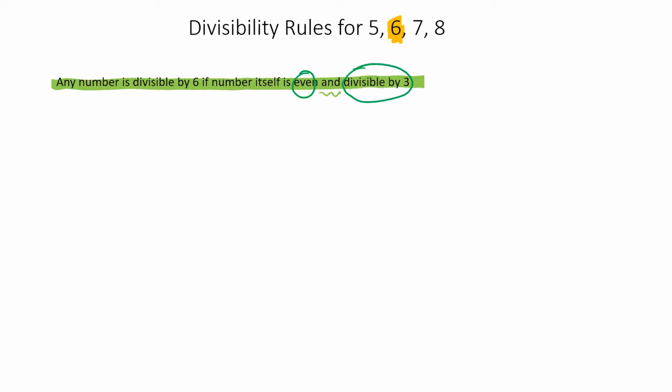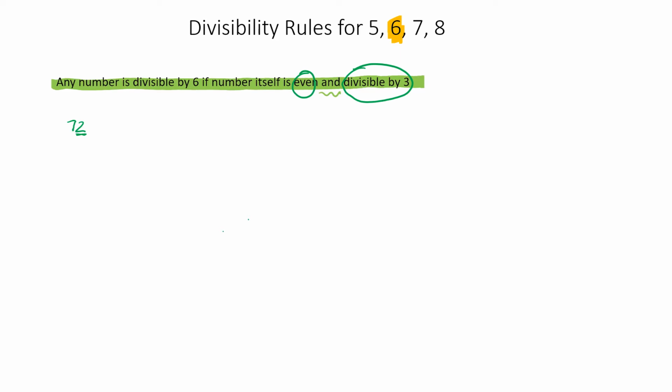And let's try a few examples for this. If I take the number 72, let's check first whether it's even. A number is even when the last digit or the unit digit is an even number. And so in this case, it is even.